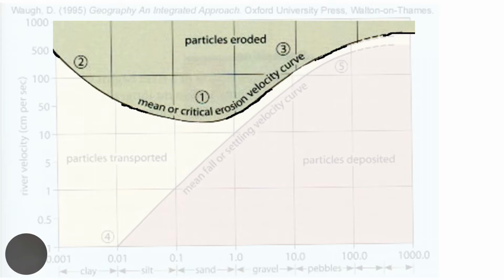This is because clays and silts are more cohesive in nature, so they stick to each other and stick to the bed, and therefore are more difficult to be dislodged. Gravels and boulders experience more frictional resistance due to their size and weight.